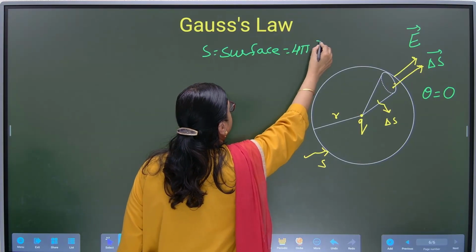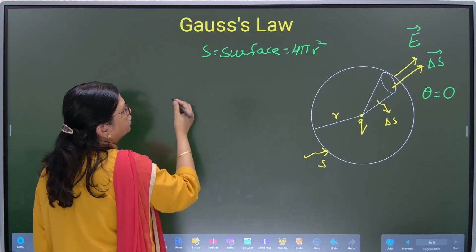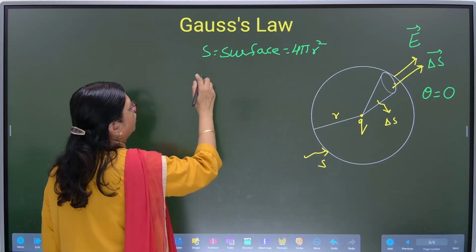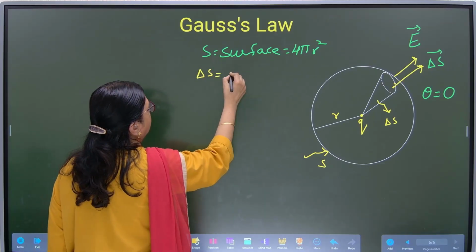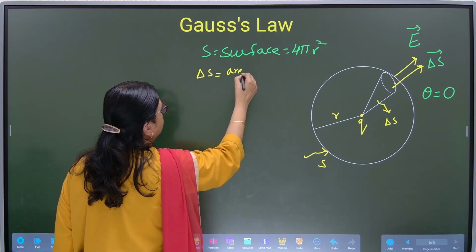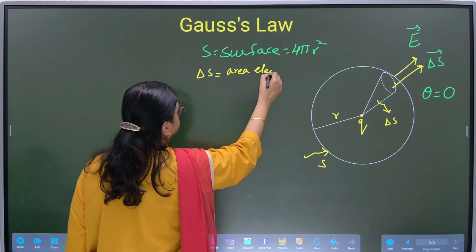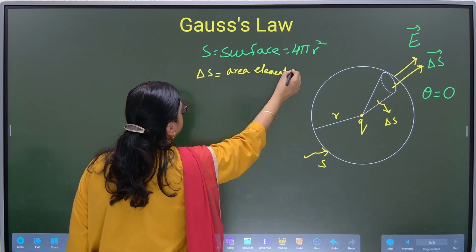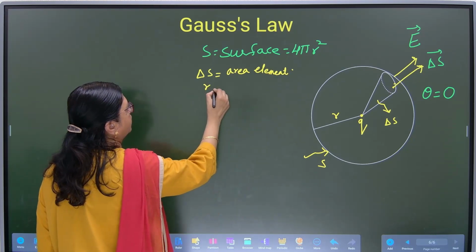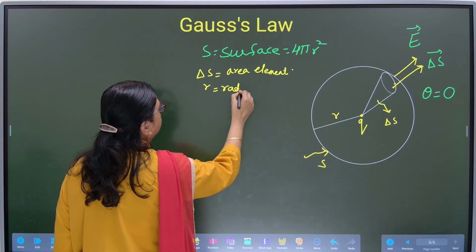You can also write delta S as one of the area elements or surface elements, where r is the radius of the sphere.